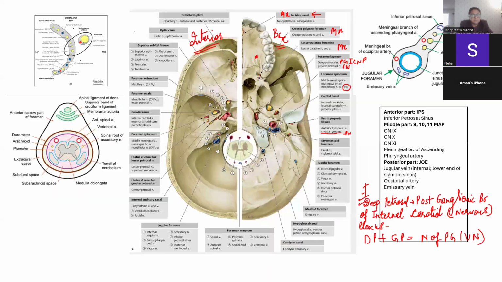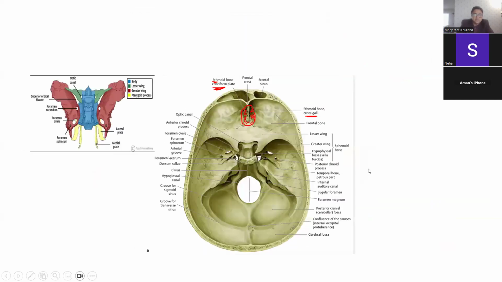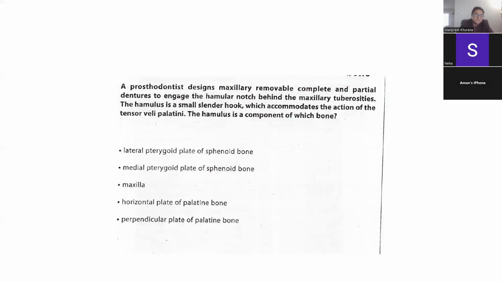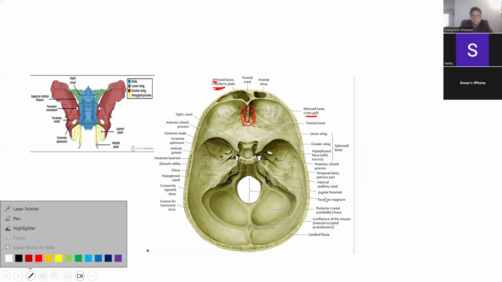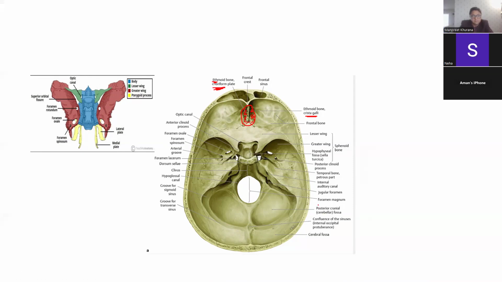Okay. Now let's go to the foramina again. Let's review the jugular foramen. Neha, can you tell me all the structures passing through the jugular foramen? Internal jugular vein.